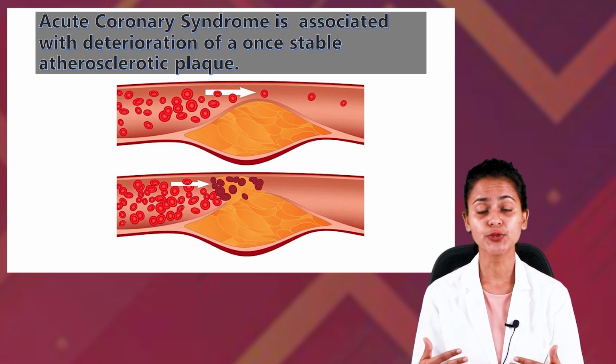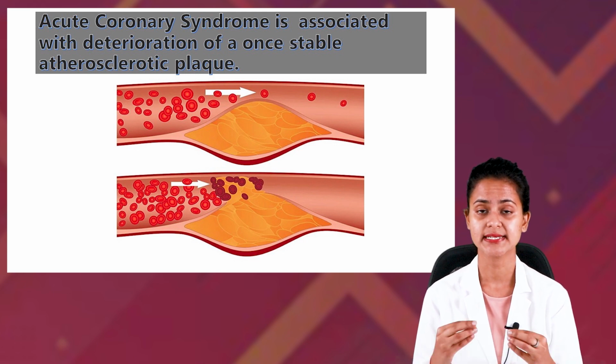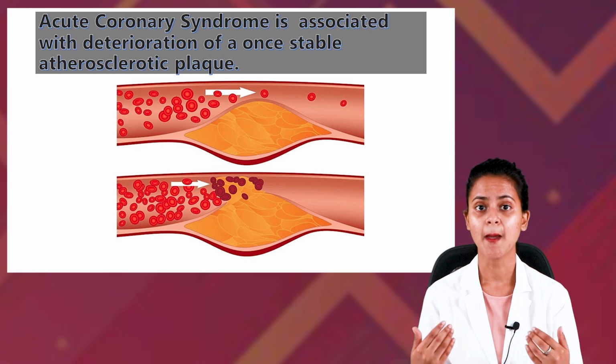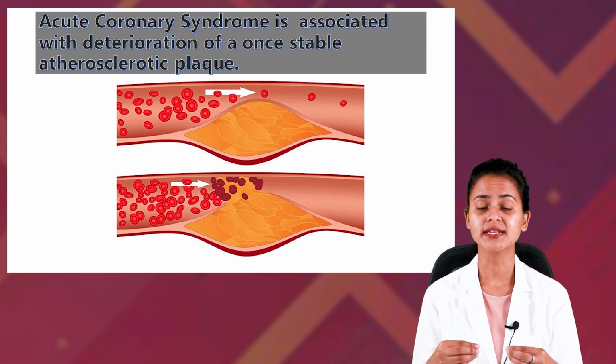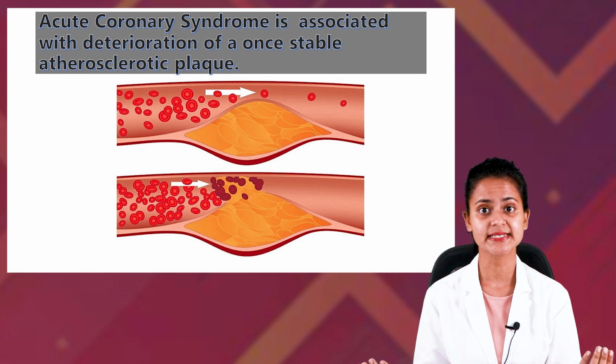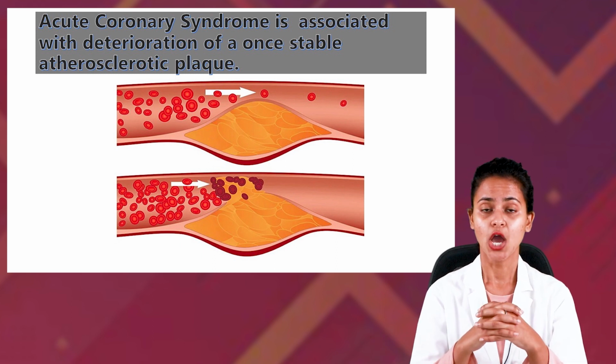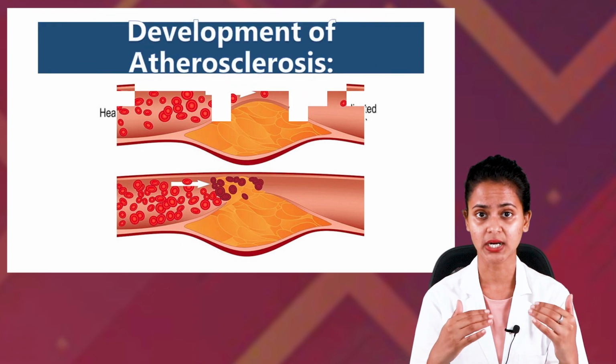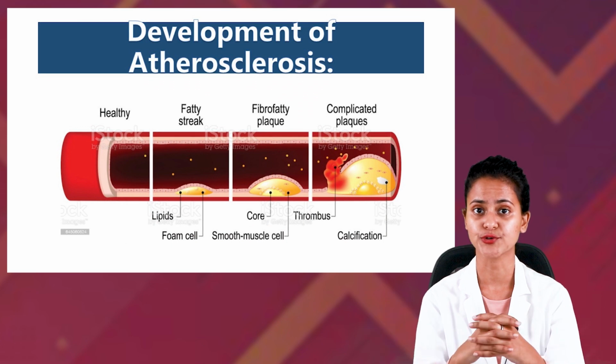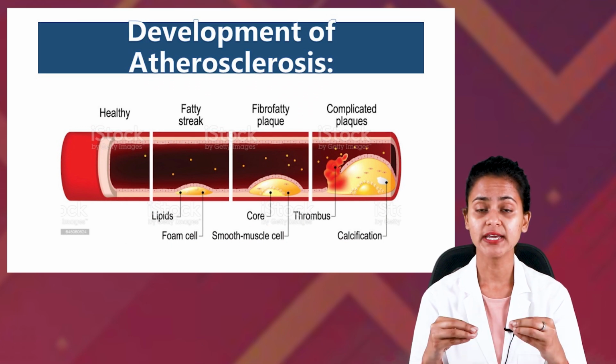Acute coronary syndrome is associated with the deterioration of a once stable atherosclerotic plaque. I hope you understand the meaning of this statement. We have seen the developmental stage of the atherosclerotic plaque before.